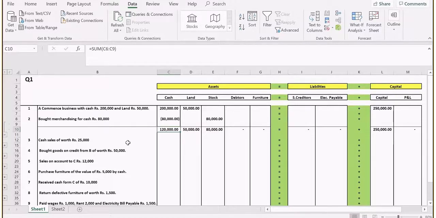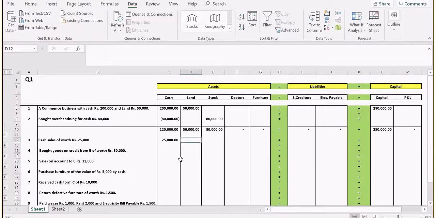If I assume that, I need to put a footnote at the end of this table to provide my assumptions, that these are the assumptions I am carrying while plotting this entry in the accounting equation form. So let's put it this way: 25,000 cash coming in the business.